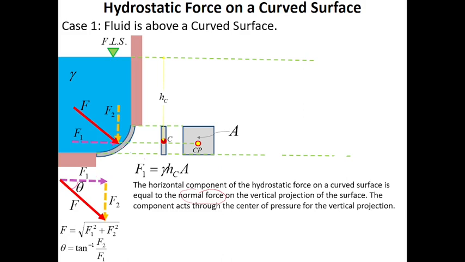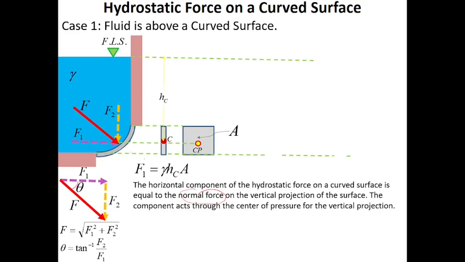Take note, normal force on the vertical projection. When we talk about normal force, the area is perpendicular to the force applied to that area. So F1 is perpendicular to the area. That's why F1 is called normal force. It is equal to the normal force on the vertical projection of the surface.